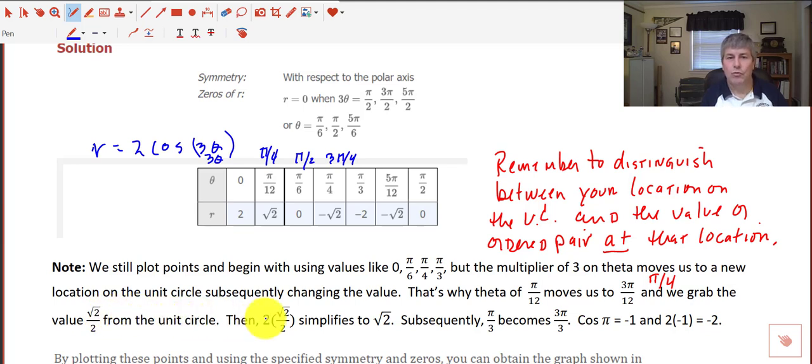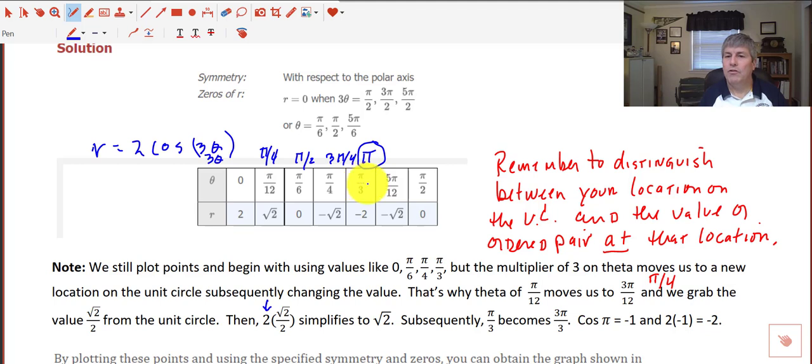We had 2 cosine of 3 theta, so 2 times the square root of 2 over 2 simplifies to square root of 2. Subsequently, pi over 3 then becomes 3 pi over 3, which is at pi, and the cosine of pi is -1, and 2 times -1 is -2. So we really evaluated it at pi.